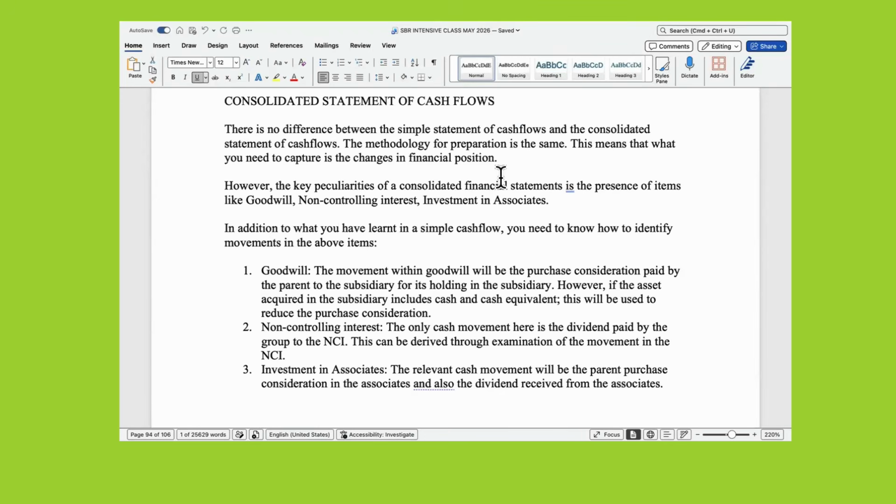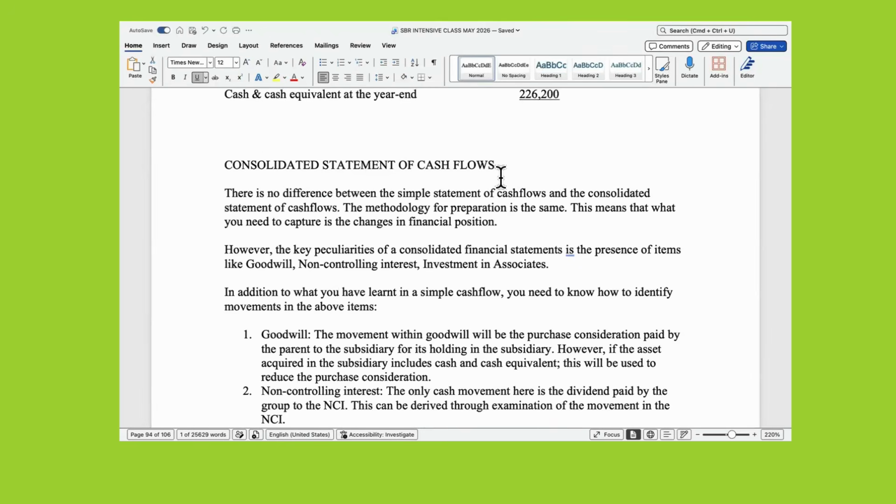The methodology for preparing statement of cash flows does not change, it's the same. But when it comes to consolidated, you know that the approach is movement, movement, movement.